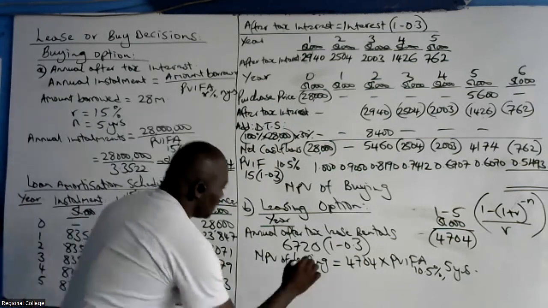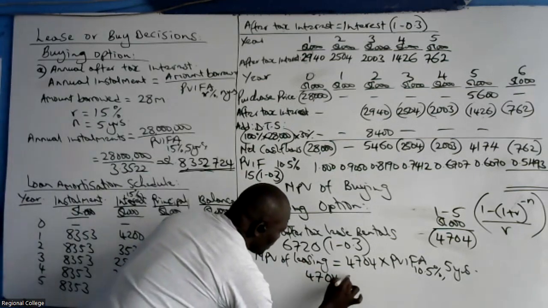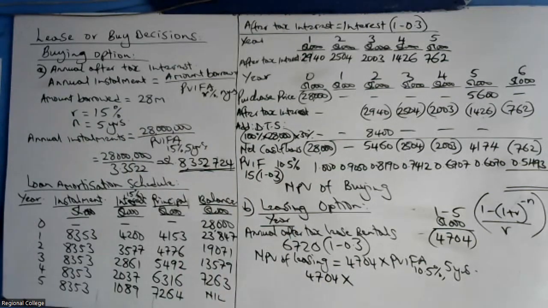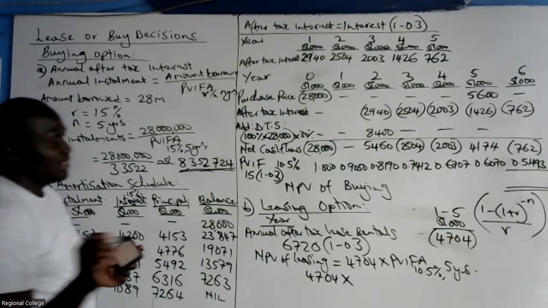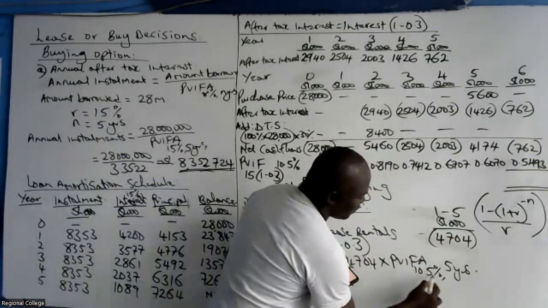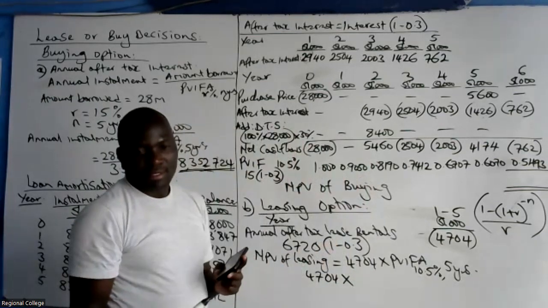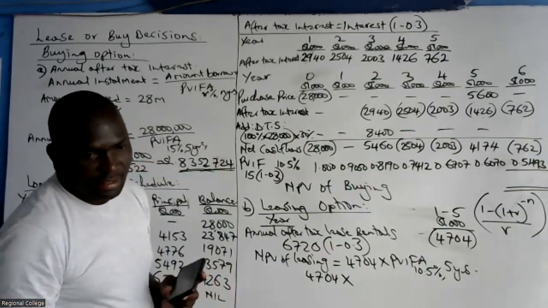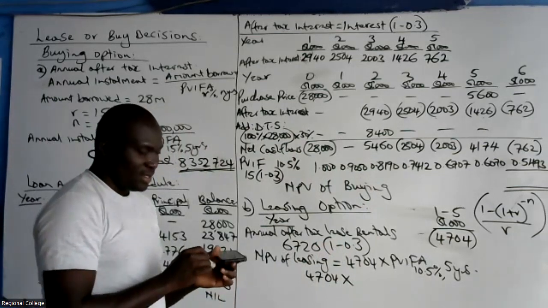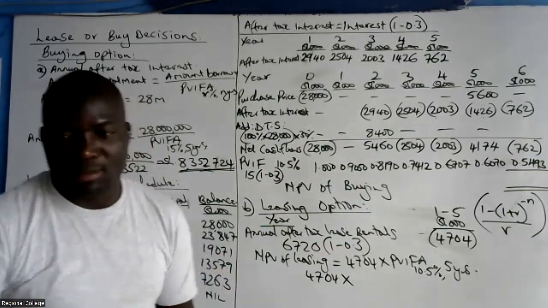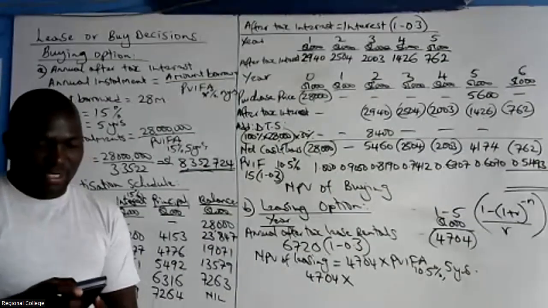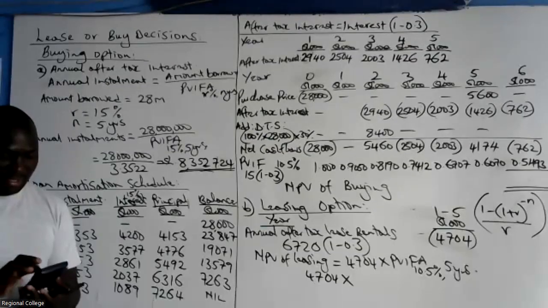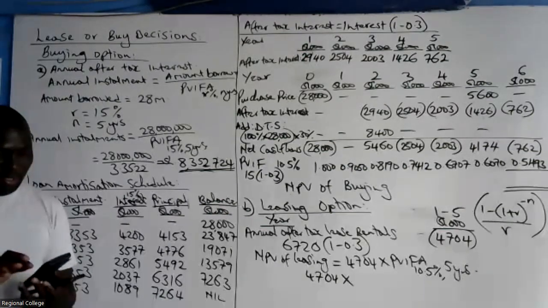You get what? But r is 0.105. 9.52. Let me also try. First let me see the problem there. The calculator has a virus. The standard deviation mode is active.